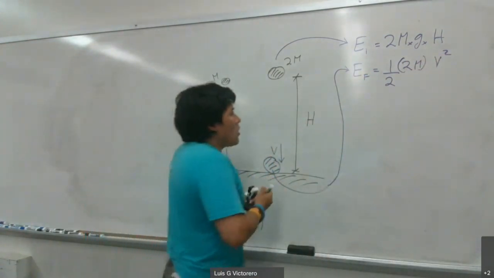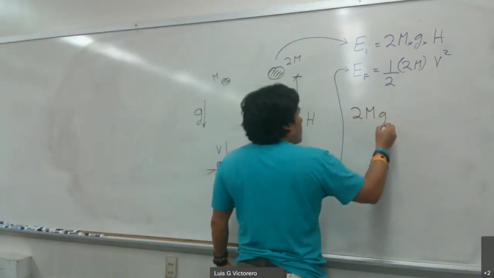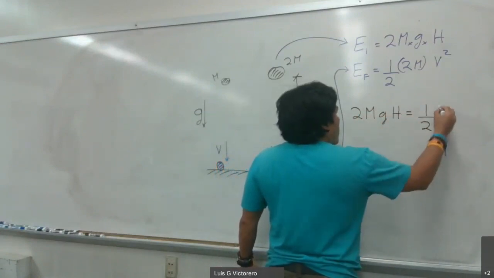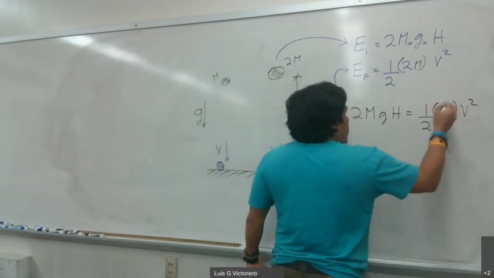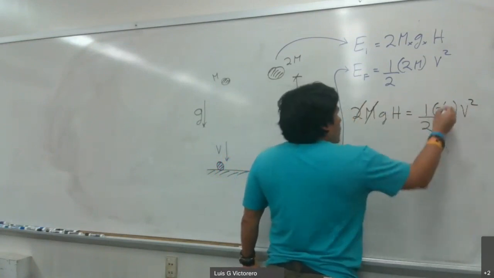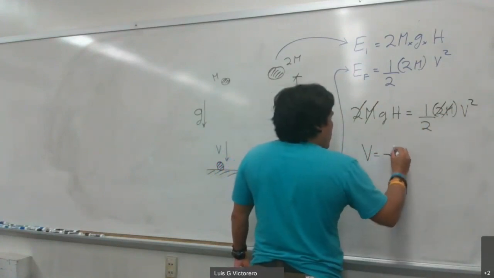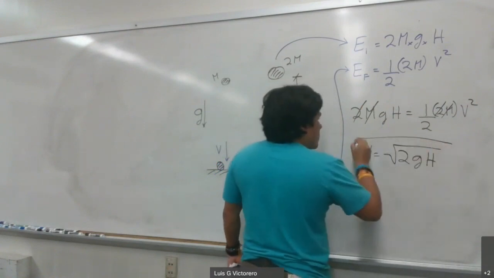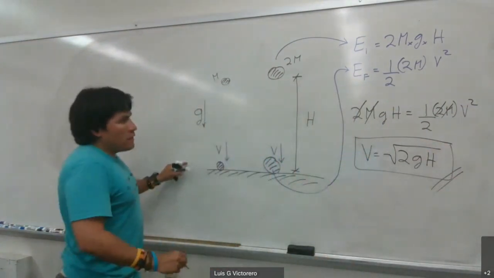If I set them equal to each other, the m cancels and you get the same square root of 2gh, the same speed.